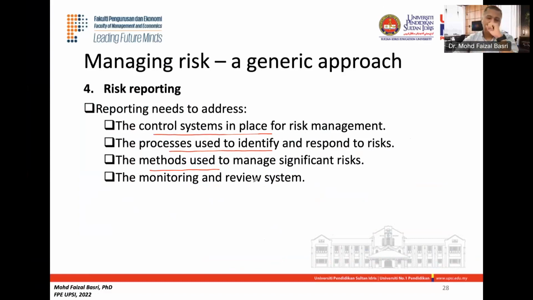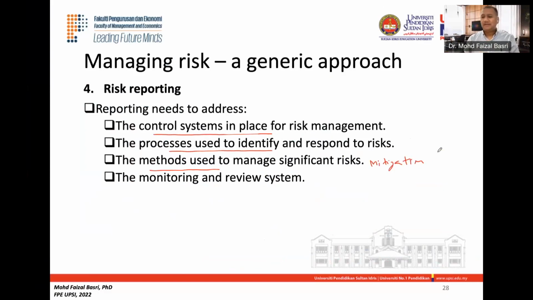Remember in the risk register earlier, there's one section of mitigation, right? So mitigation is the risk response mitigation process. So what are the methods being used? You remember just now in the first example, whereby the project definition was not properly defined.